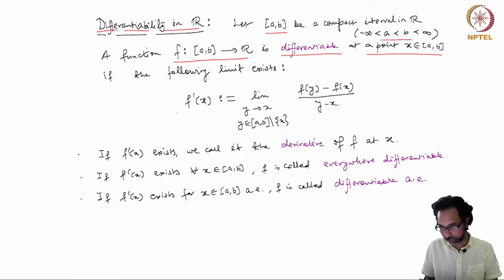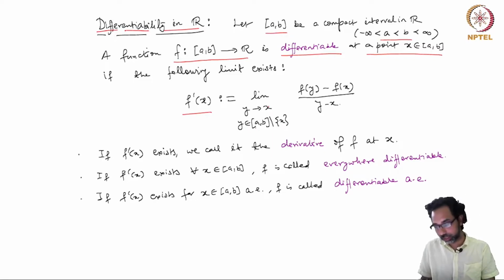So this limit is denoted by f'(x) if it exists, and this limit is given by f(y) minus f(x) over y minus x when y approaches x, where y is through any sequence of points in the interval [a, b] minus this point x.